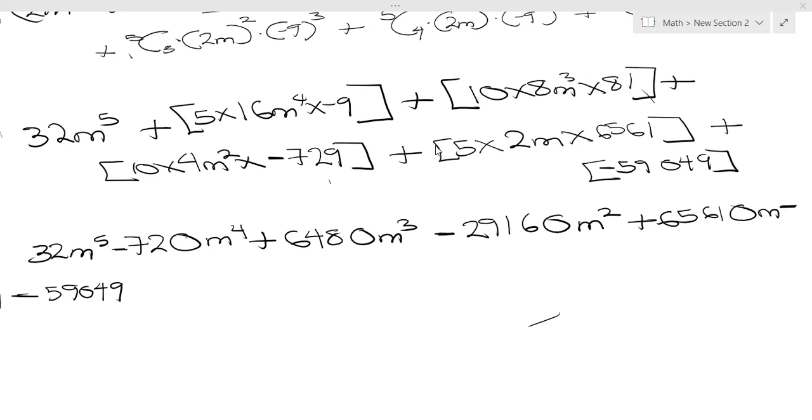Our answer is, let me reiterate: 32m raised to the power 5 minus 720m raised to the power 4 plus 6480m raised to the power 3 minus 29,160m squared plus 65,610m minus 59,049. Well, those are large values.